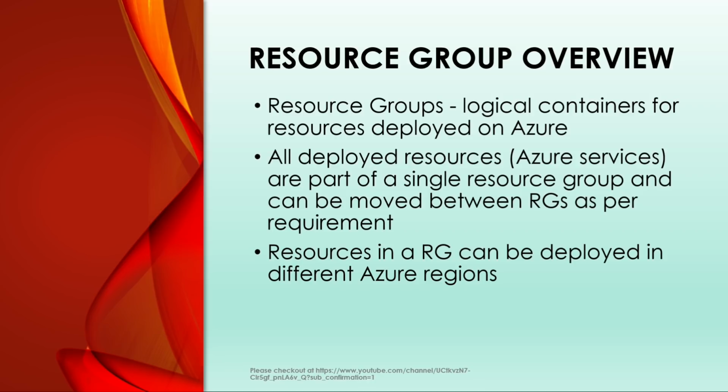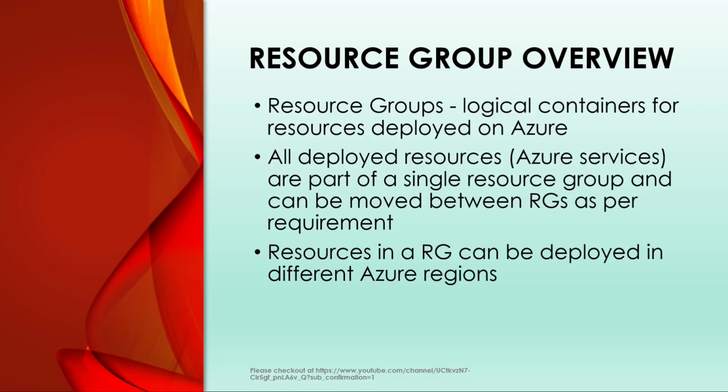Now you can do one thing. Later on, if you realize that a particular resource is sitting in the wrong resource group, you can move the resource to a different resource group. So that is possible, right? Resources in a resource group can be deployed in a different Azure region.